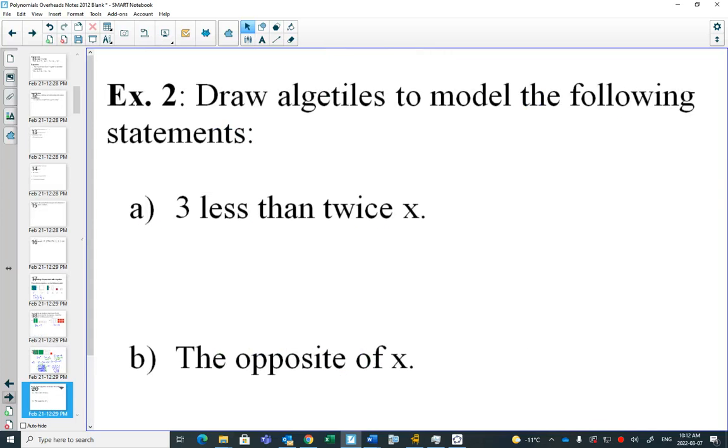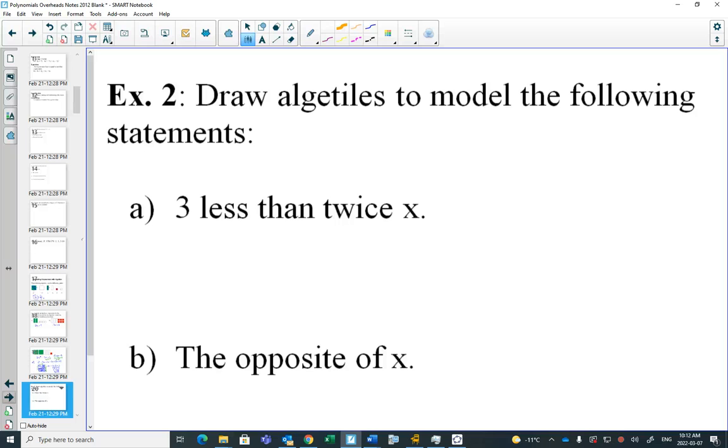Okay. So now with these ones, we have to take our word sentence, translate it to algebra, and then translate it from algebra into our Algetiles. 3 less than twice x. Less. What kind of math is that? Multiplying, adding, dividing, subtracting?